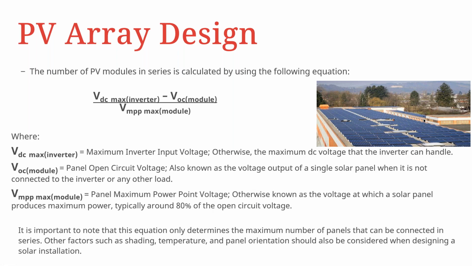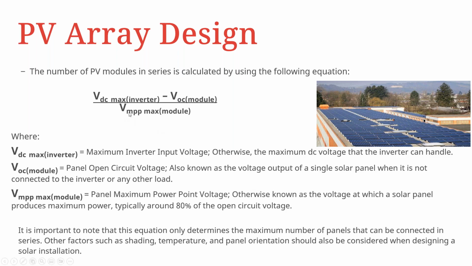So if we want to put this in context, I could give us an example, verbally, of course. So if we have a VDC max of an inverter of 1000 volts, and then VOC, that is the open circuit voltage of this particular module, to be 49.8. I actually took this off the nameplate of a particular module.